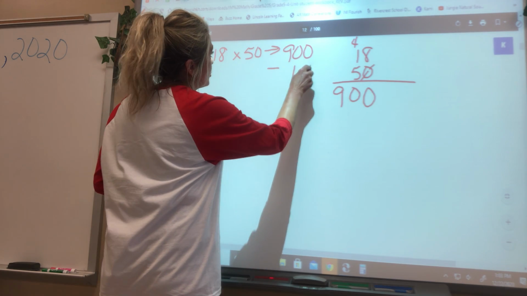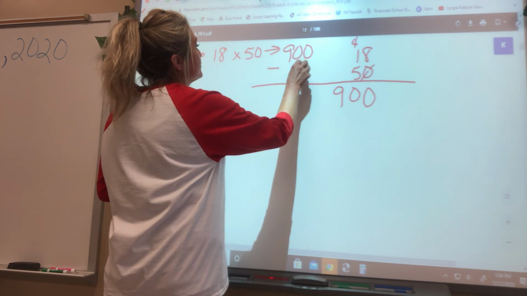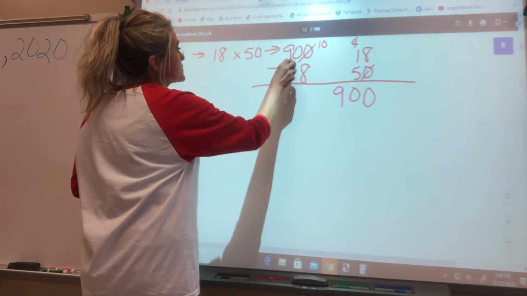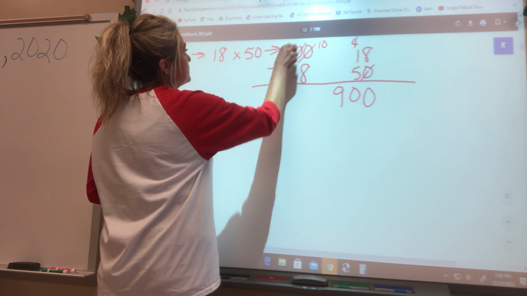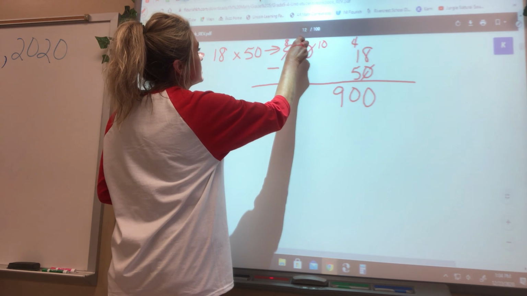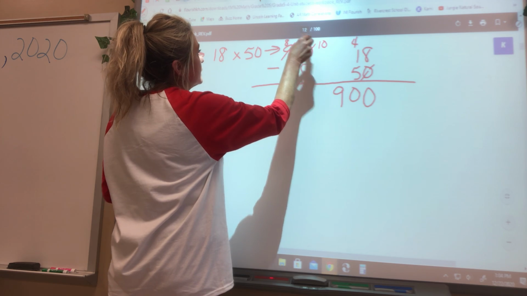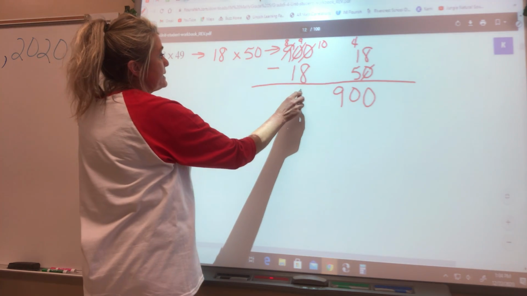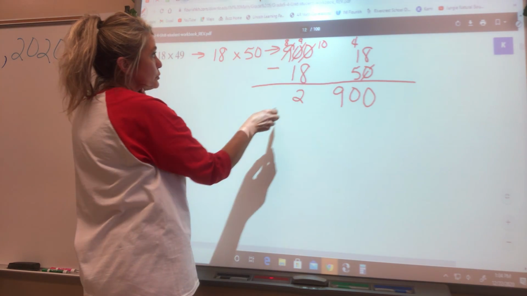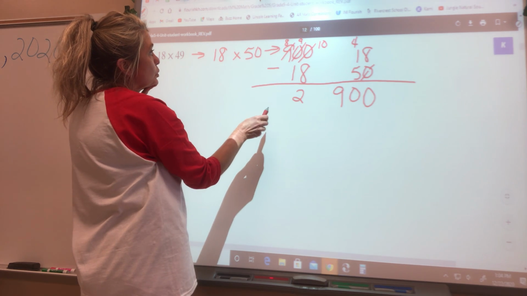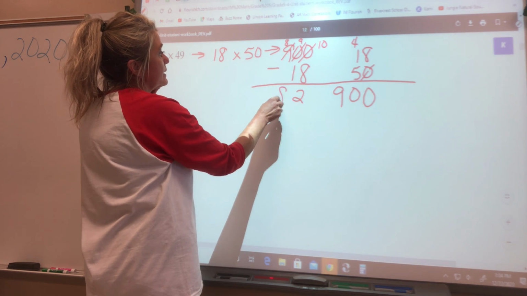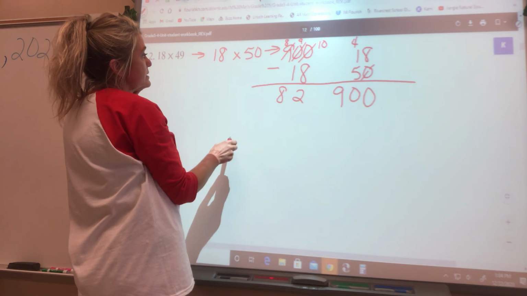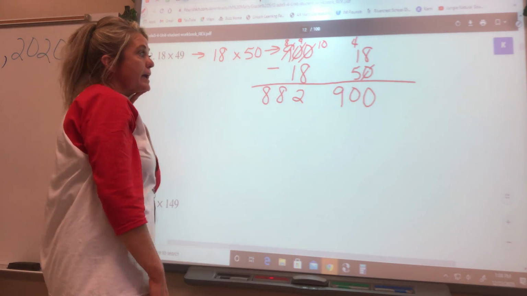So if I take away that 18, if I borrow here, if I borrow all the way across, I would have 10 minus 8 is 2. 9 minus 1 is 8. And 8 minus nothing is 8.